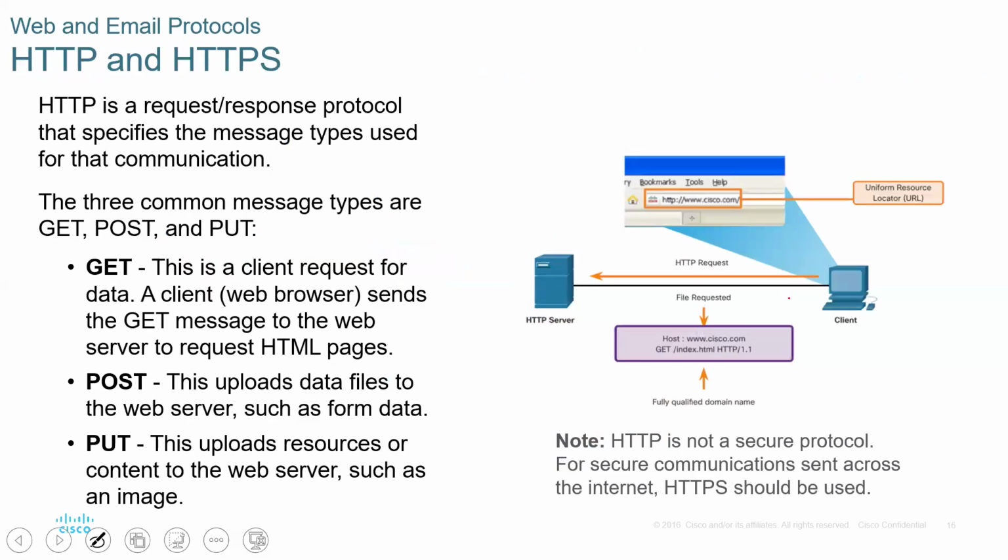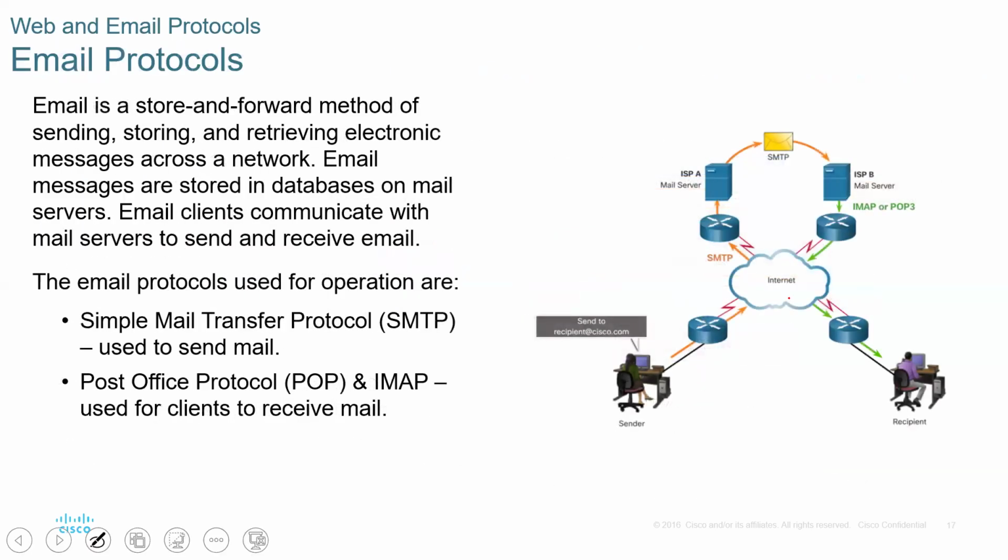Okay. Now, email is a store and forward method of sending, storing, and receiving electronic mail. Email messages are stored in databases on mail servers. Email clients communicate with mail servers to send these emails as well.